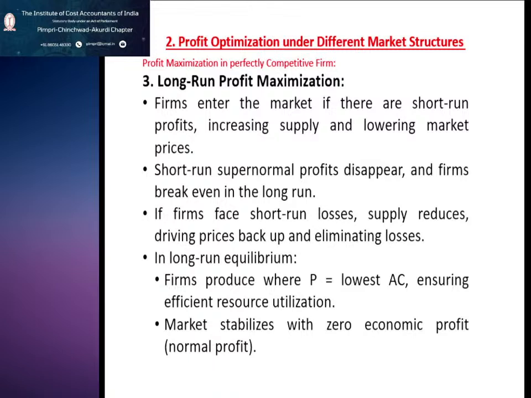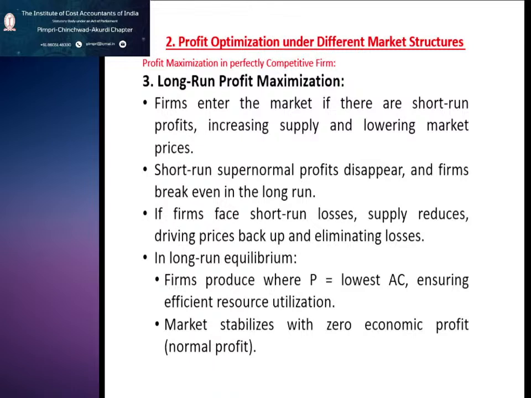So long run profit maximization has the following characteristics. The firms enter the market if there are short run profits, increasing supply and lowering market prices. The short run supernormal profits disappear and firms break even in the long run. Third, if the firms face short run losses, supply reduces, driving prices back up and eliminating losses.